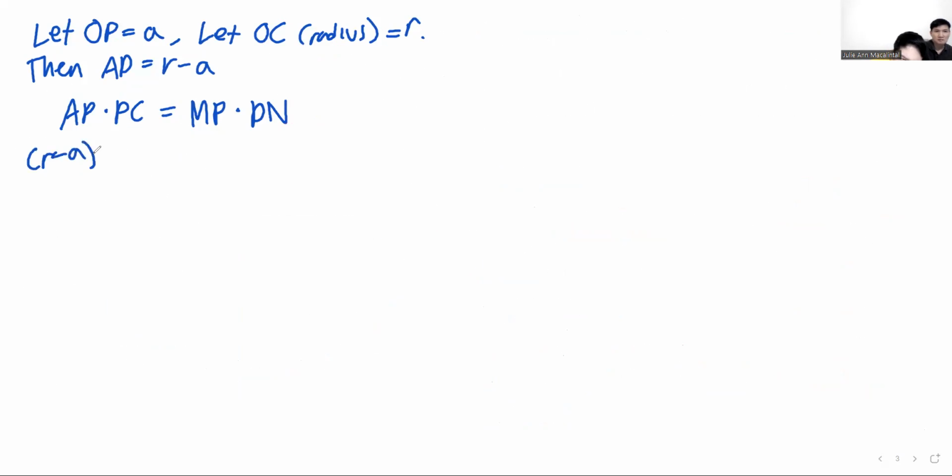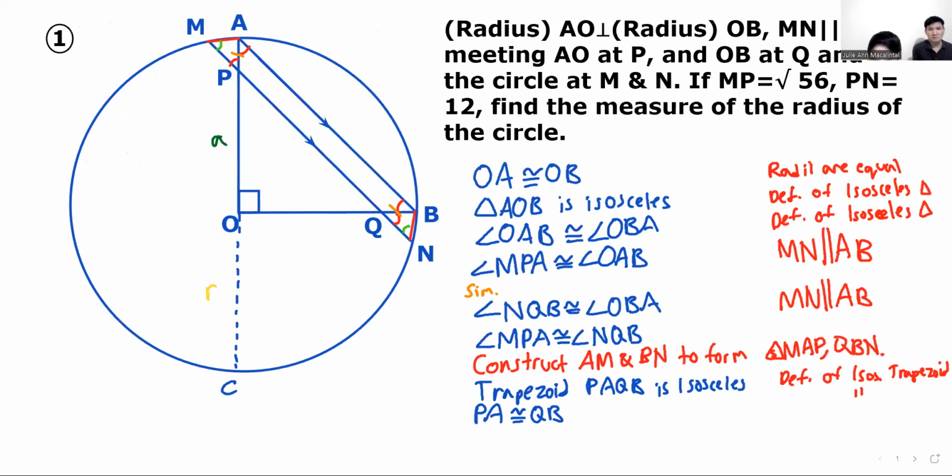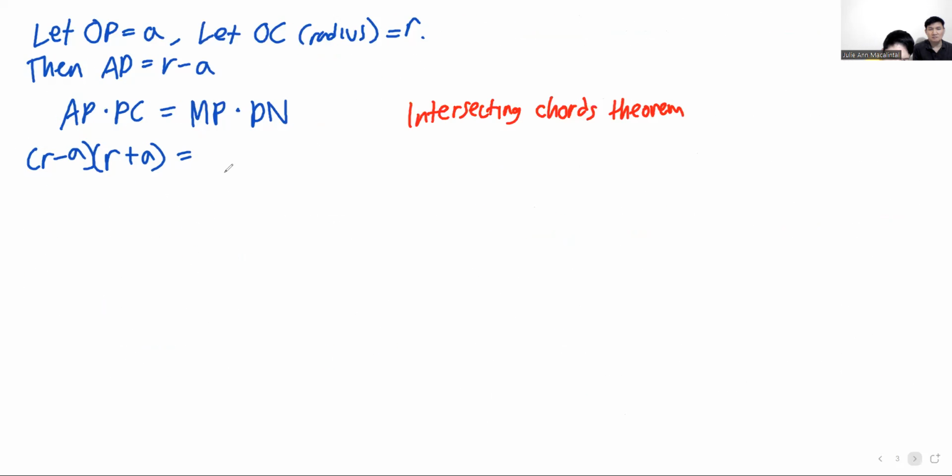So R minus a times R plus a is equal to PN times MP. PN is 12 and MP is square root of 56, so this is 12 square root of 56.